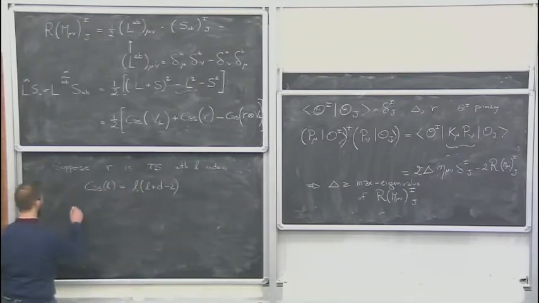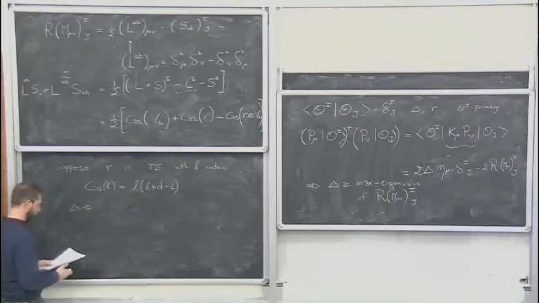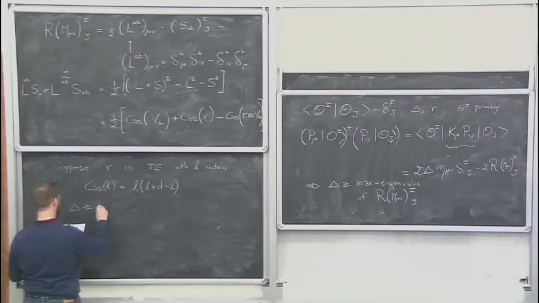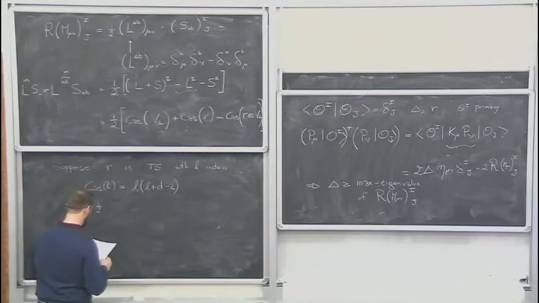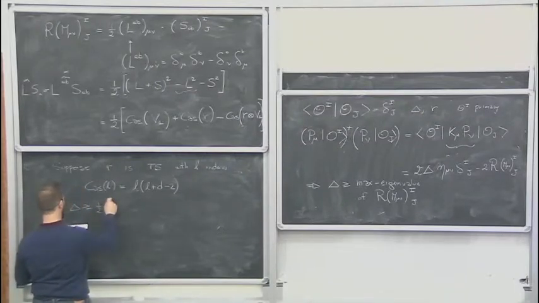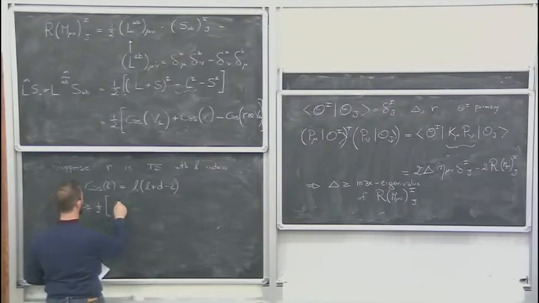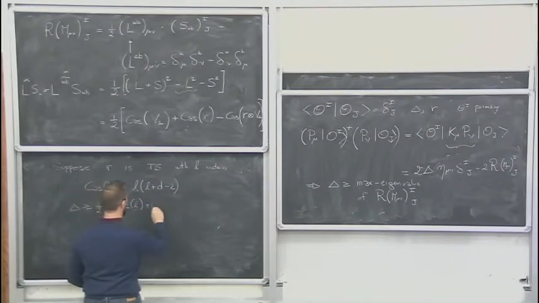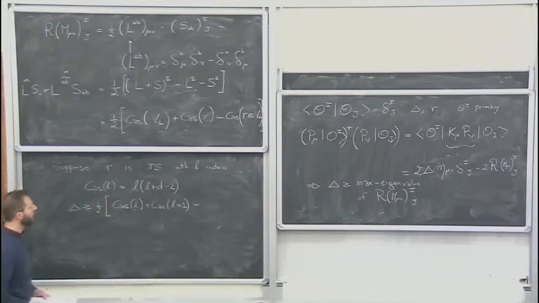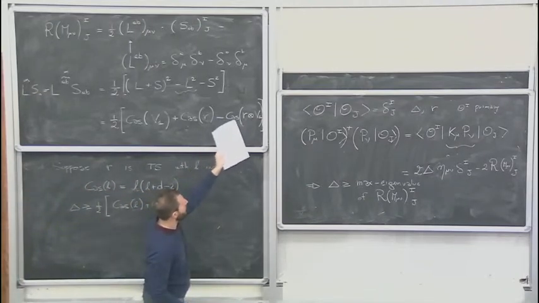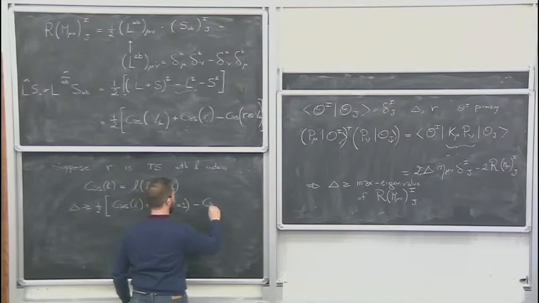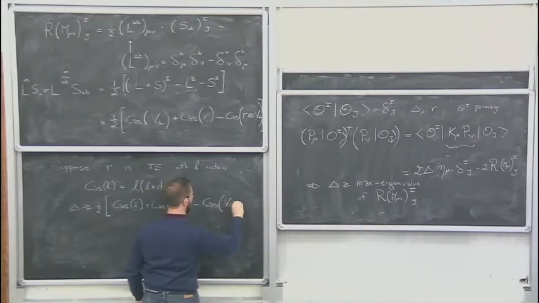So delta has to be larger than 1/2 times the Casimir of V_L plus the Casimir of L equal 1, which is the vector representation, minus the Casimir of this tensor product, V_L times V1.